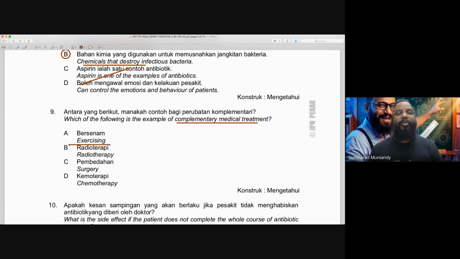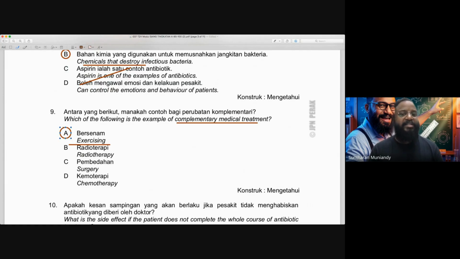That means you're loosening your muscles, relaxing your muscles, helping to get your ligaments or tendons better by doing physiotherapy. It is a form of exercising. Radiotherapy is not a complementary treatment. Surgery and chemotherapy are not complementary medical treatments. Exercising is a complementary medical treatment.